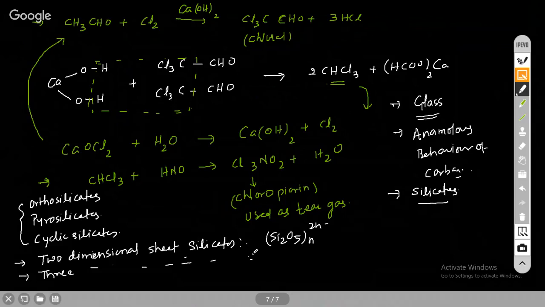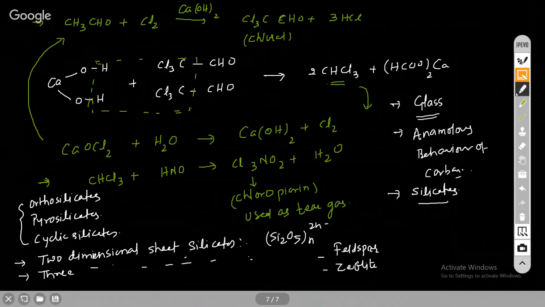Three-dimensional silicates are actually of two types: feldspar and zeolite. Now, what you have to memorize here: in feldspar there are orthoclase feldspar.